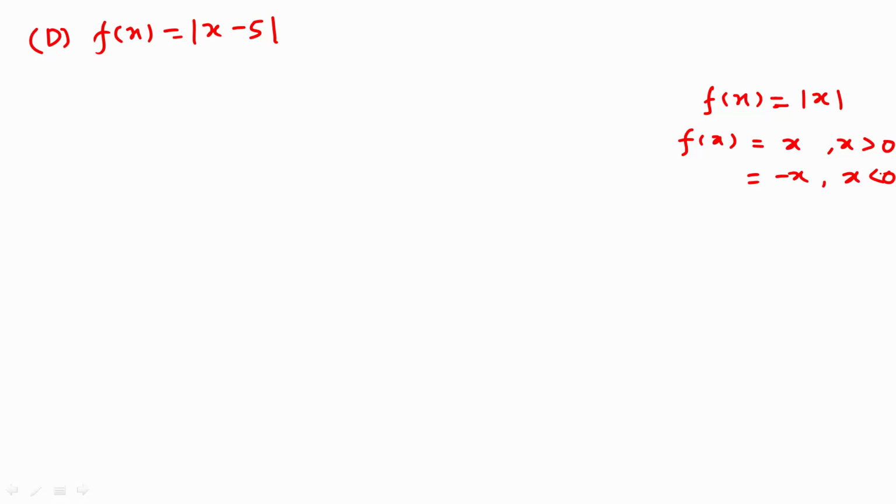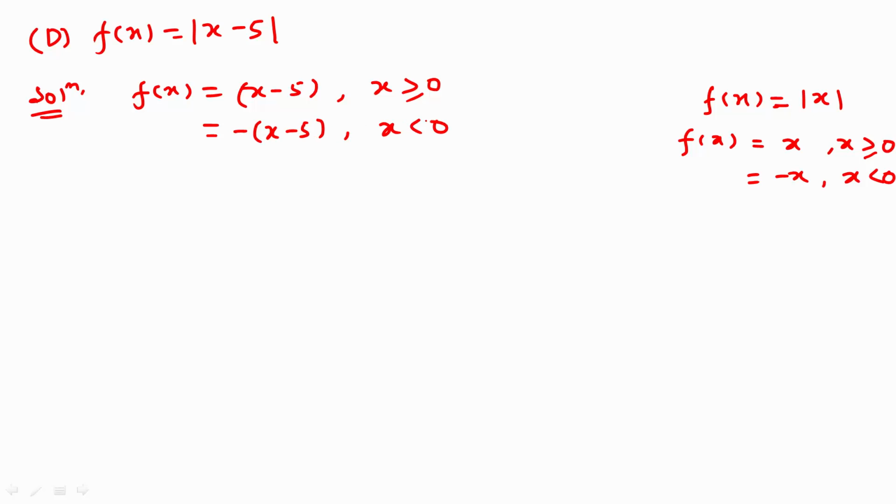So in this question, f(x) is equal to x minus 5, positive, when x is greater than or equal to 0, and minus x minus 5 when x is less than 0.